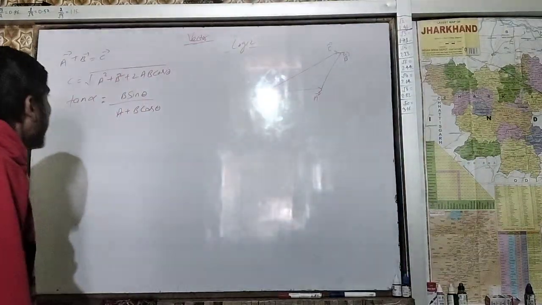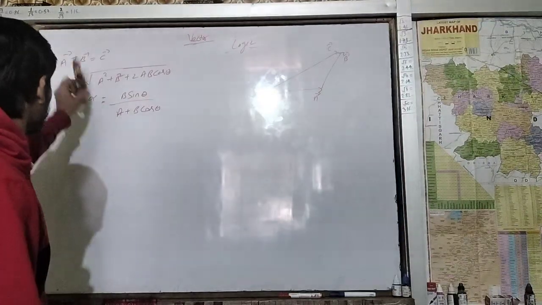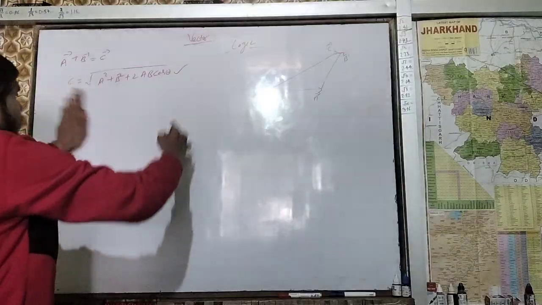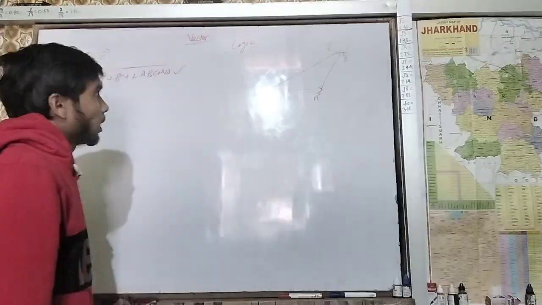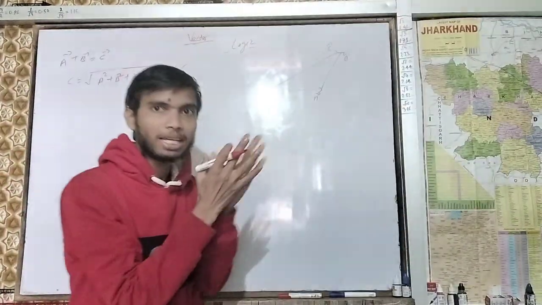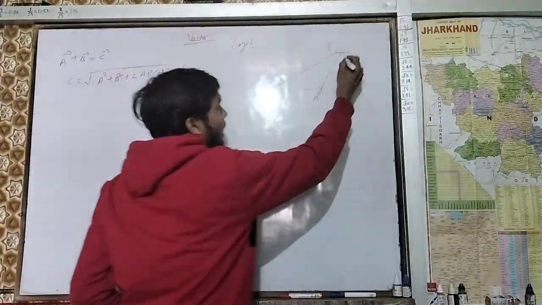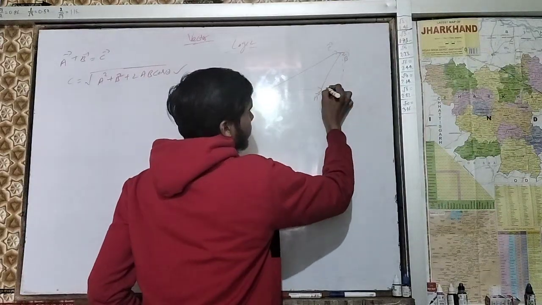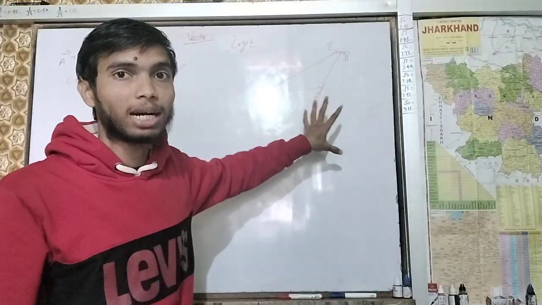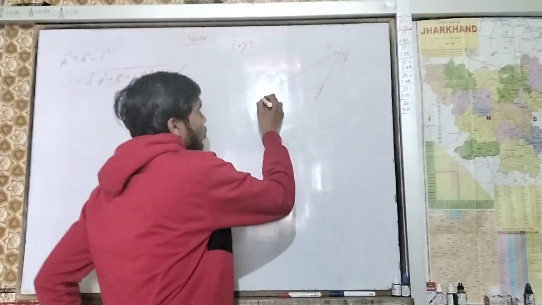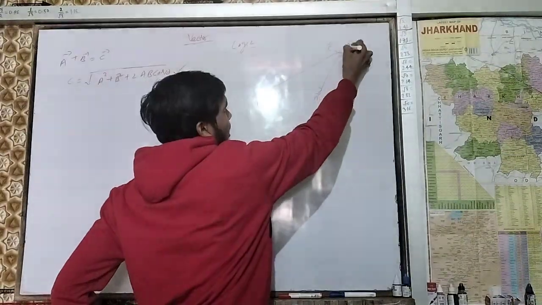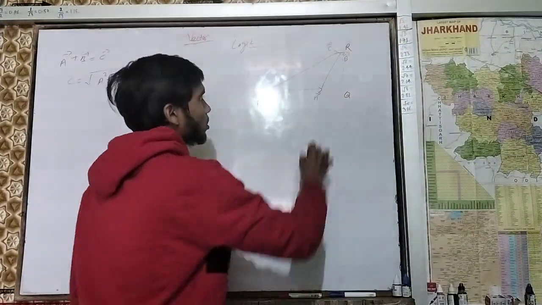Now, to make it a 90 degree angle, can we draw another line like this? Yes, we can. Let's say this point is P, this point is Q, and this point is R. There are 3 ending points.